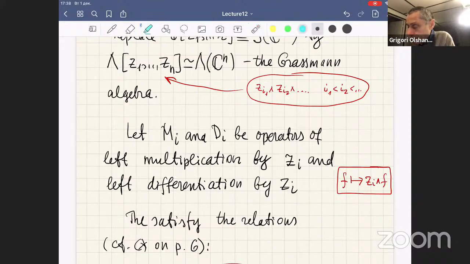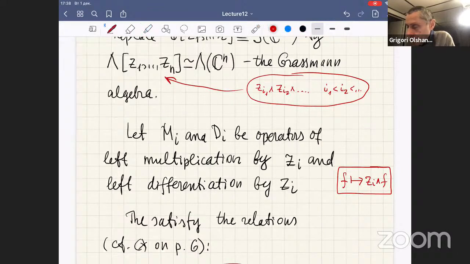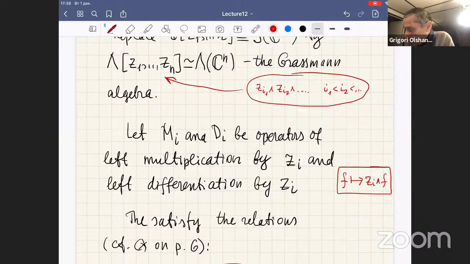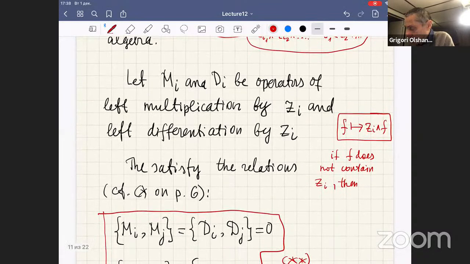If F does not contain Z_i, then we set that D_i F is equal to 0.